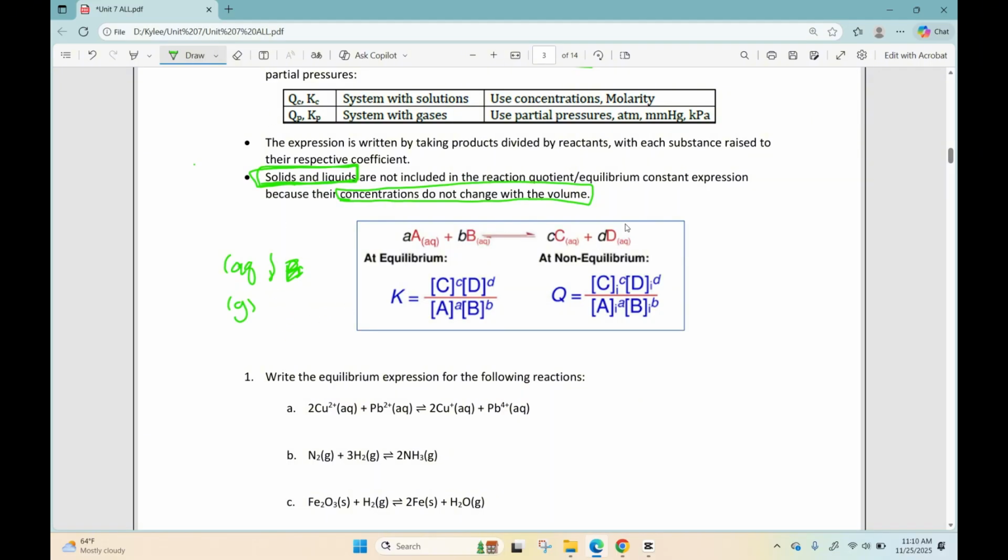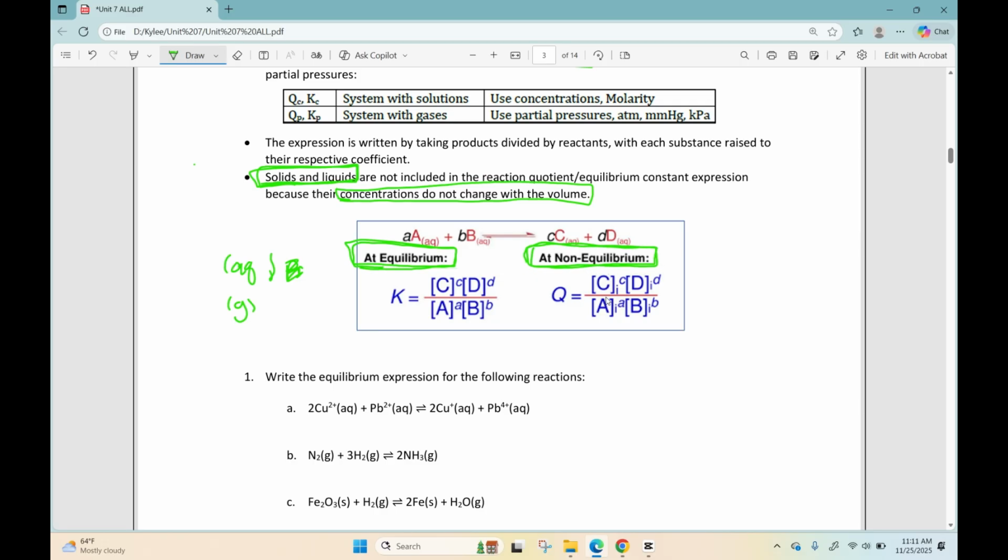The other thing that I want to note is, what is the difference between K and Q? You might notice that they're essentially the same equation. Q equals products over reactants. The difference is we only use K for when equilibrium has been established. We use Q when we are not at equilibrium.